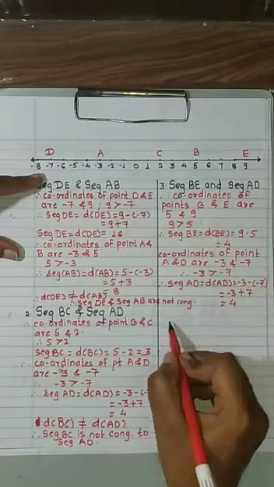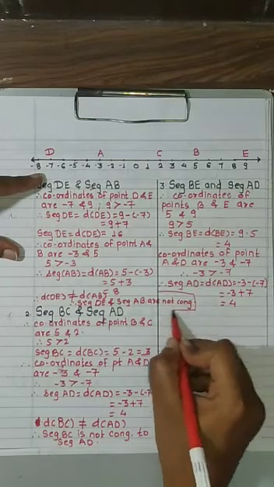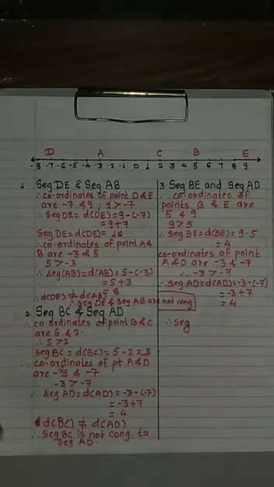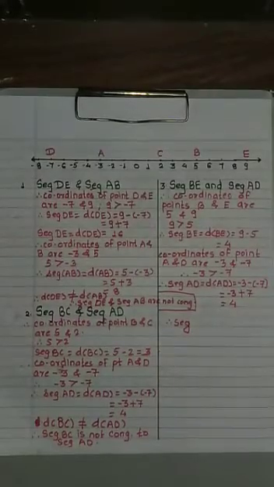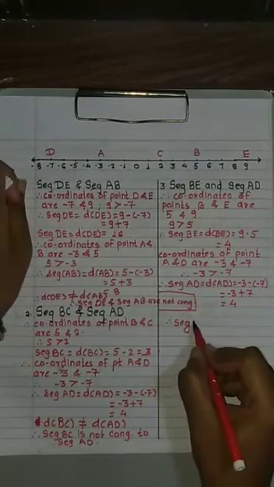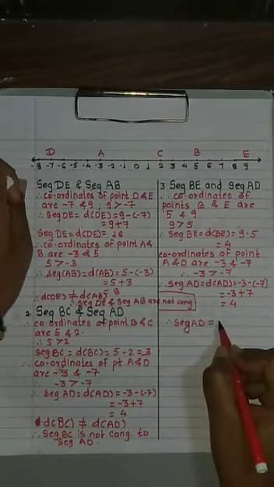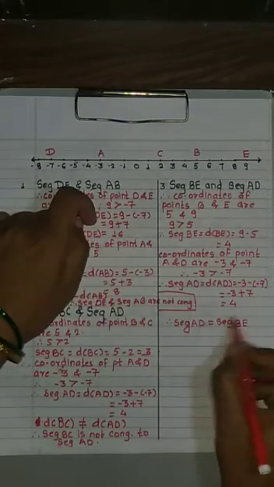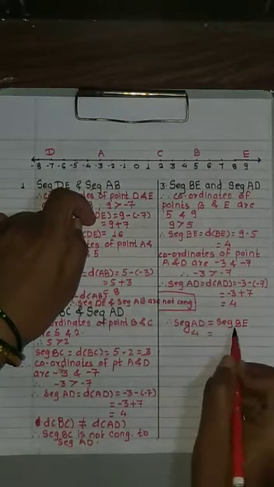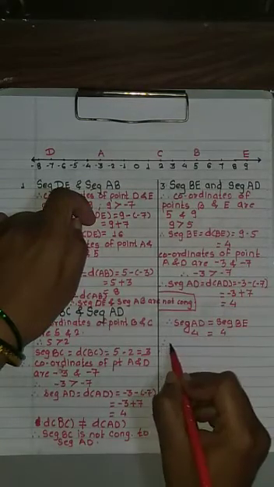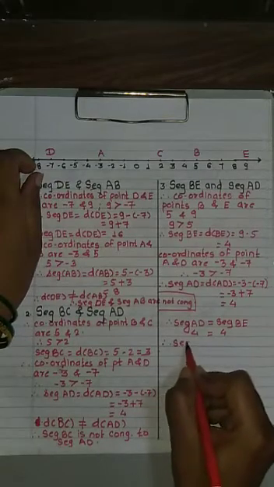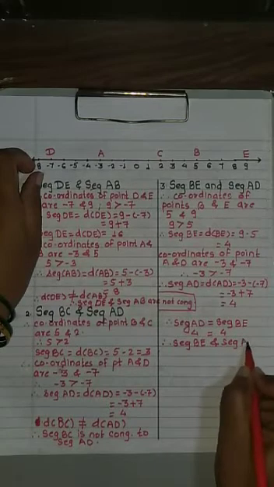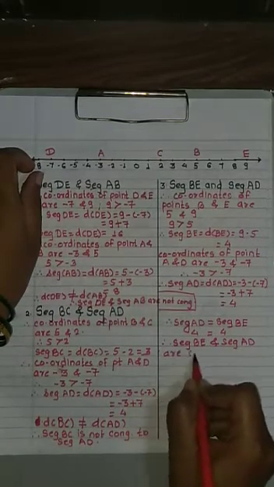Now you can clearly see, therefore seg AD is equal to seg BE. AD is 4 and BE is also 4. Therefore from this you can say that segment BE and segment AD are congruent.